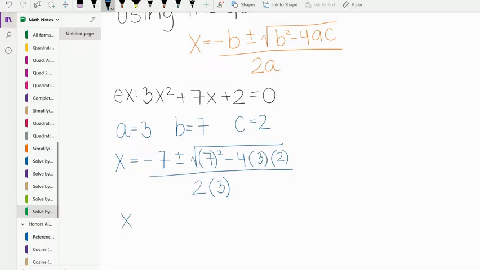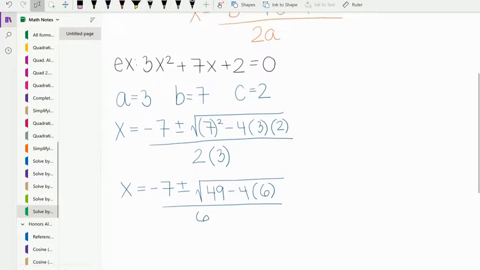So we keep going. x equals negative 7 plus or minus the square root of 7 squared, which is 49. A lot of people want to say, oh, well, we know the square root of 49 is 7, but it's 49 minus that entire thing that we're taking the square root of. So minus 4 times 6, because 3 times 2 is 6, and this is all over 6.